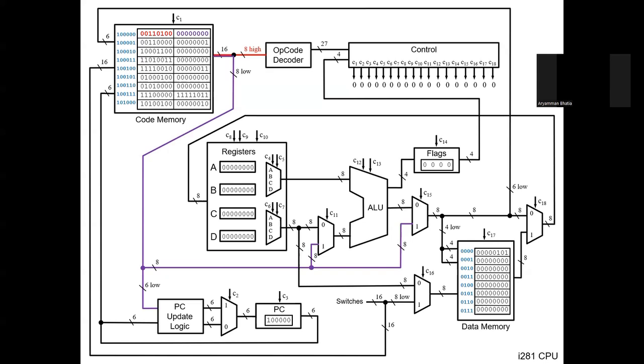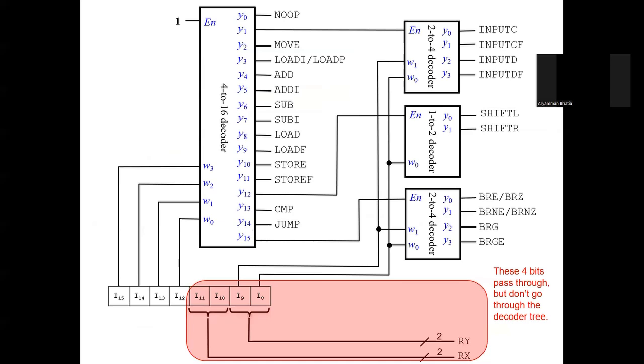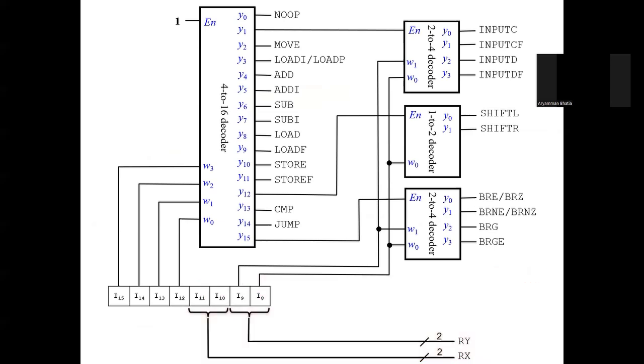Whereas if your operation is to store the value in the data memory, then you would route it to the data memory. So the two muxes controlled by C11 and C15 give you this option. And like we talked about, these 4 bits pass through but don't go through the decoder tree.